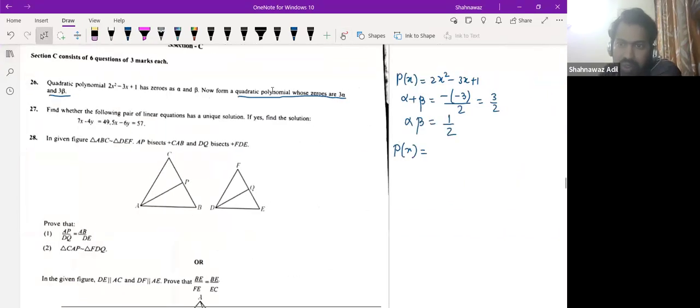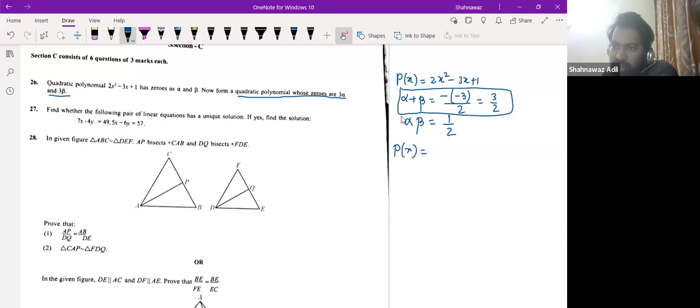So we have to write the quadratic polynomial. So what do we need to find out to write the quadratic polynomial? This thing you already got from the previous scenario, right?